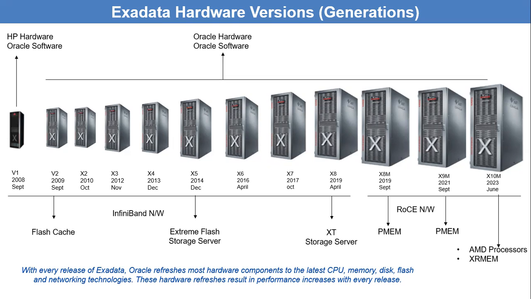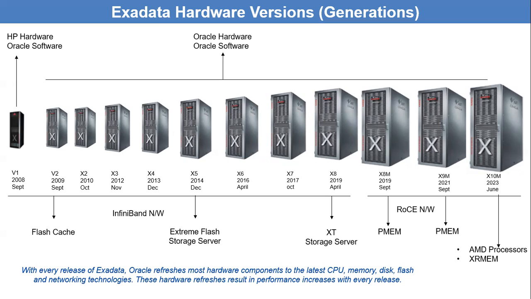On the other side, the latest version of Exadata also uses the latest version of software components. For example, in X10M version, say the database version say is 21C. So 21C version of database comes with some new features which are not there in the earlier versions of database.